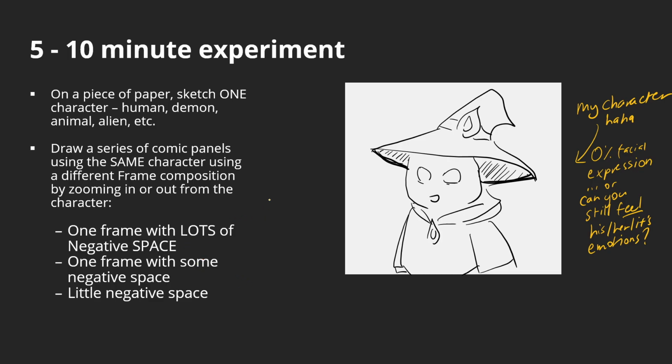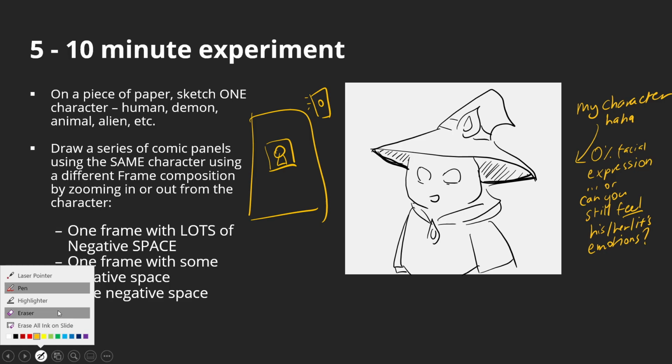So if you have a piece of paper, you can draw the character here first. Okay. Then you draw a frame around the character. Then you take a photo. Okay.